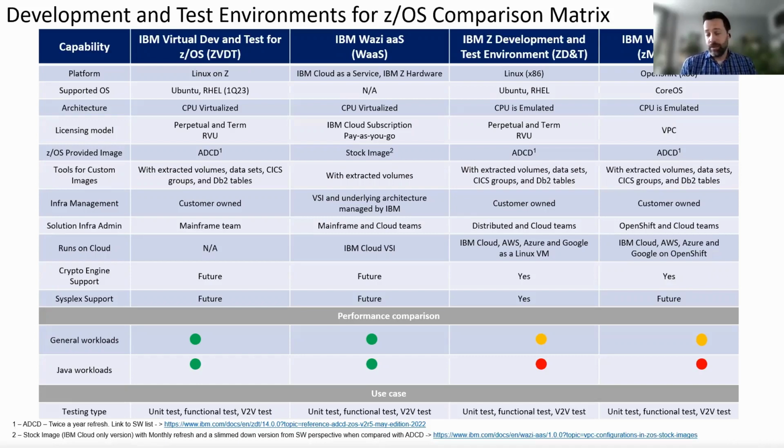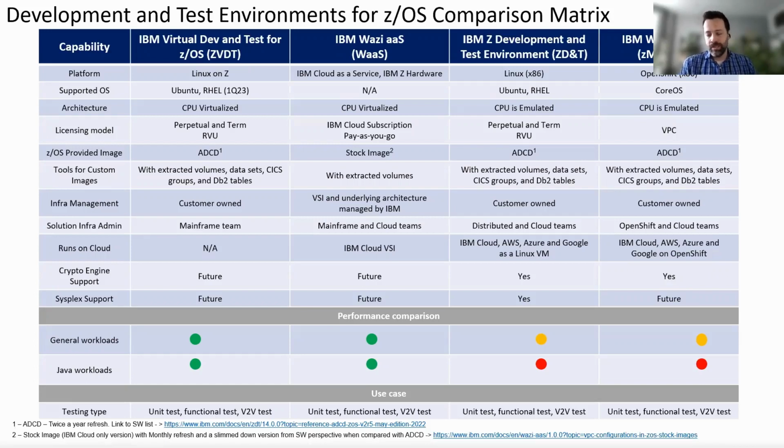ZVDT is the same as the 2 that I just mentioned, except that it runs on Z hardware, and of course doesn't suffer that performance problem of having to emulate the Z instructions on an x86 processor that the previous two do. And then WASI as a Service is the IBM Cloud offering for being able to have zOS environments provisioned in more of a pay-as-you-go type of model within IBM Cloud.